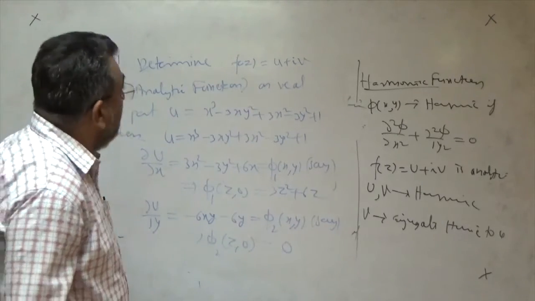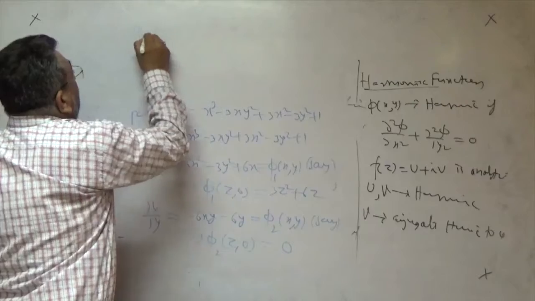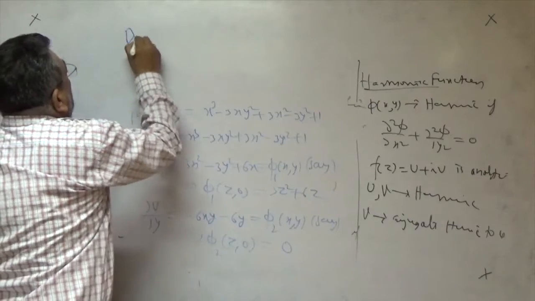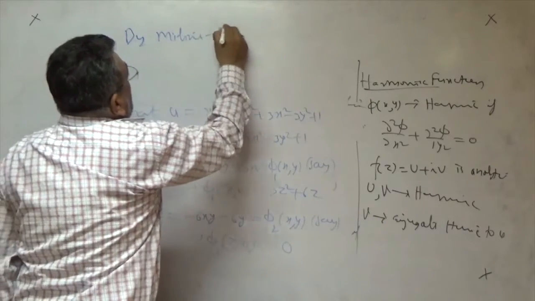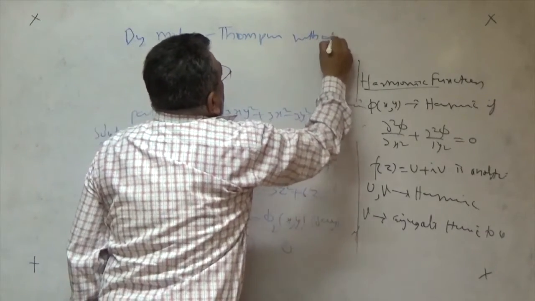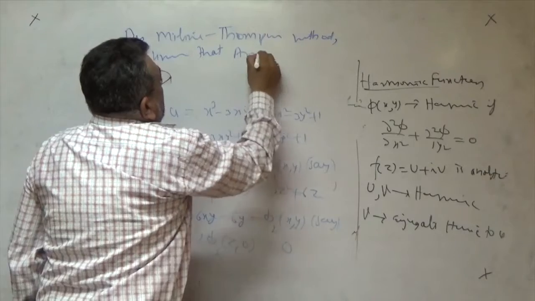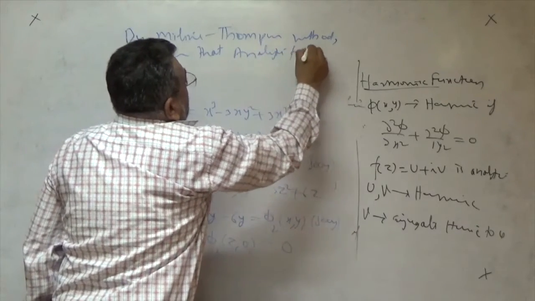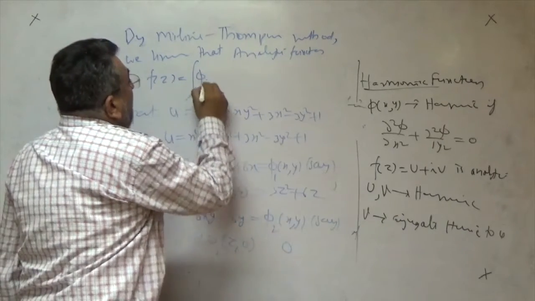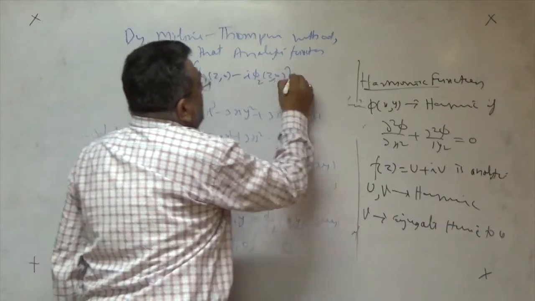Right? Now, by the Milne-Thomson method, we know that the analytic function f(z) is the integral of phi 1 of (z, 0) minus i phi 2 of (z, 0) dz plus c.